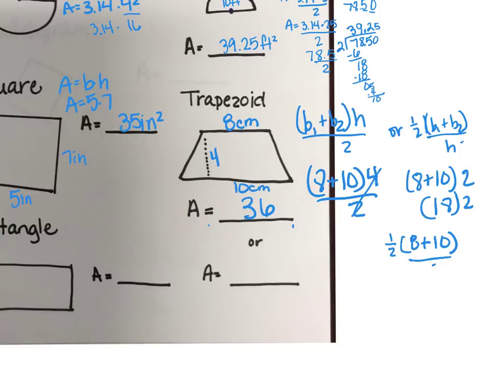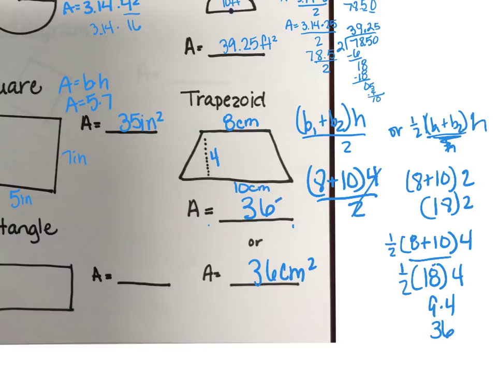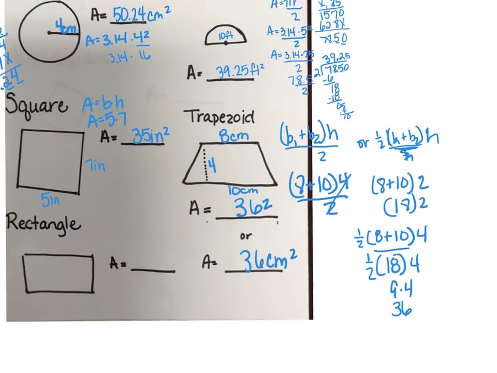I'm sorry, I wrote this wrong up here. This should not be here. This should be here. So it's times height, which is 4. So 1/2 of 18 times 4. 1/2 of 18 is 9. 9 times 4 is 36. So you still get 36 centimeters squared both ways.